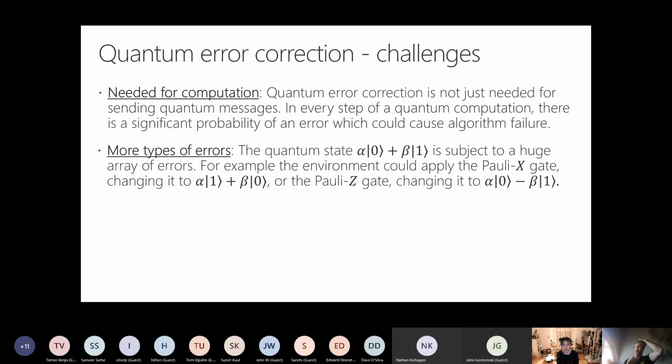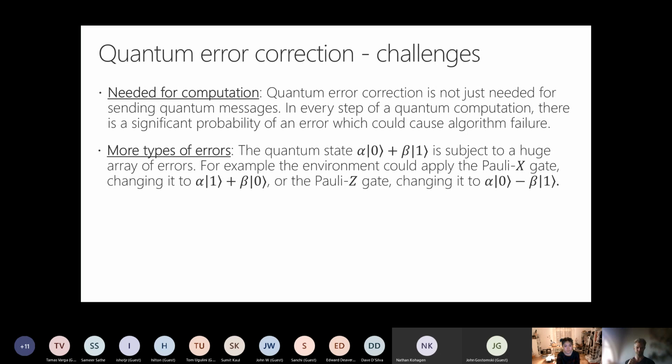And part of the reason for that is that there's just more that can go wrong for the quantum system. So for example, if you have a quantum state, which is alpha 0 plus beta 1, an arbitrary single qubit state, then there's a huge number of ways that this could go wrong. In the classical case, if you have a bit, which is 0, then it could be flipped to 1 or not flipped. And those are the only two possibilities.